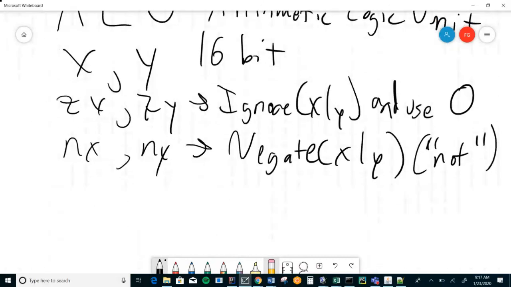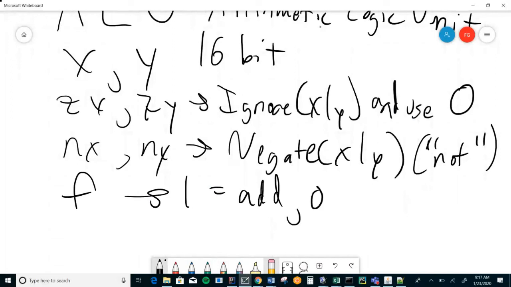Okay, so the next input is just called f. So what does f mean? 1 equals an add, 0 equals an and. So this is pretty interesting to think about.